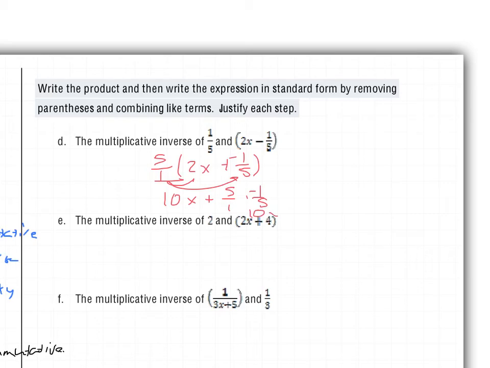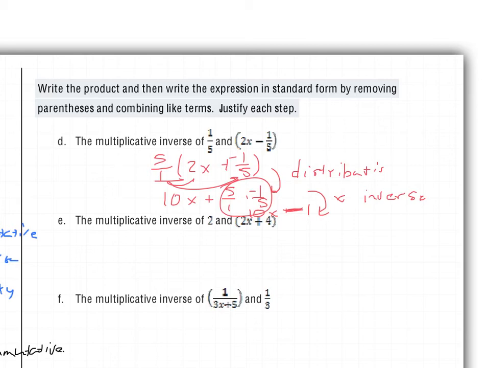Sorry, ran out of space here, 10x plus negative 1. So what we see here is we use distributive, and this multiplication is the multiplicative inverse. Really, we get here a subtraction of 1.